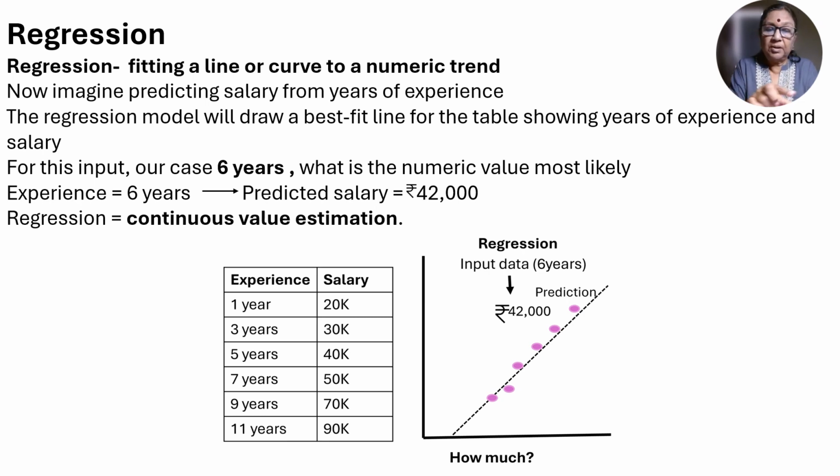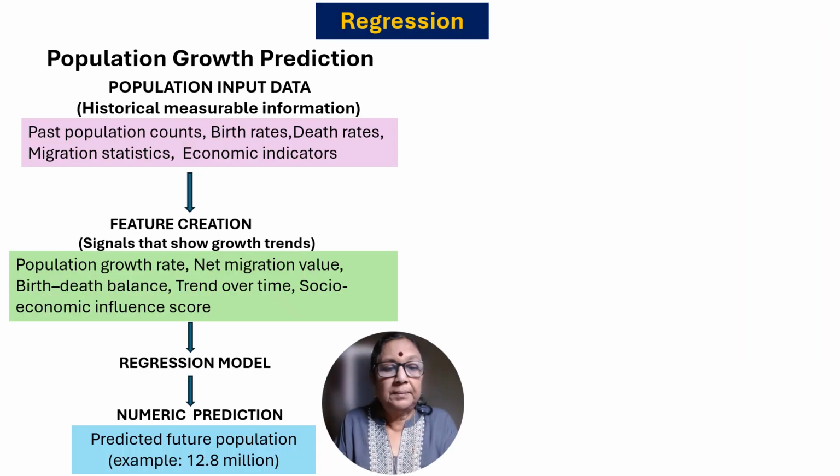For example, you're given experience and salary, and you try to fit a line. When you're given a new value, for example 6 years, you project it onto this line and find the value. Here we get 42,000. So, as we already said, it's a continuous value estimation. Now let's take the example of population growth prediction.